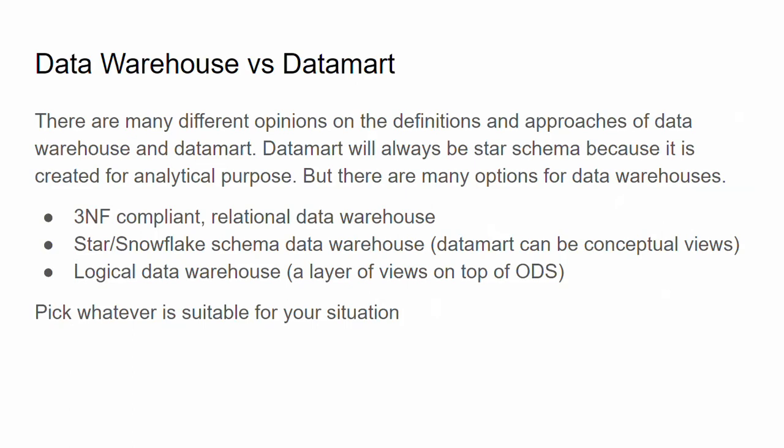Because when we say the transition between ODS and data warehouse, we are saying we are breaking the barriers among different source systems and organizing data in data warehouse. And if your ODS is simple enough and regular enough, does not have weird architecture or relationships, then it is possible that you can create views on top of the ODS and form data warehouse views. This is called logical data warehouse.